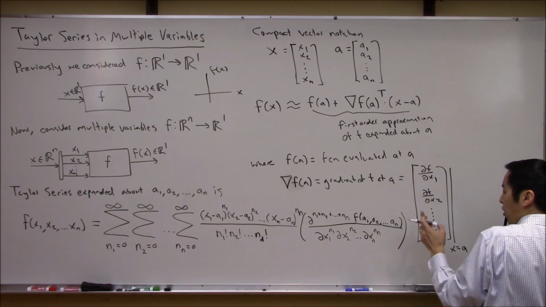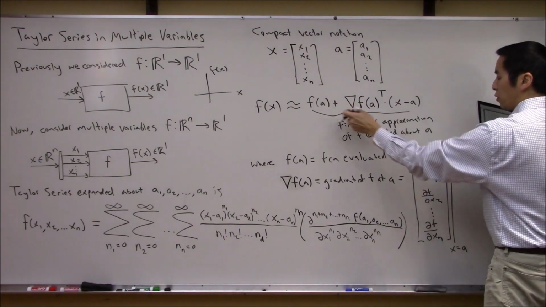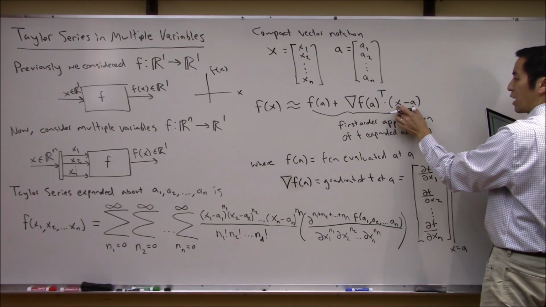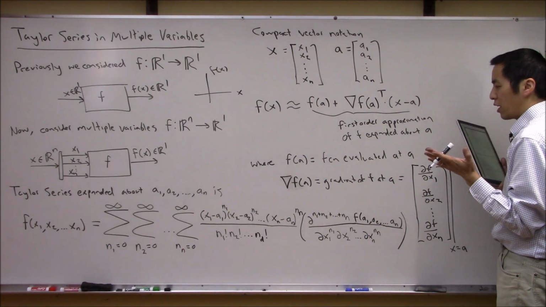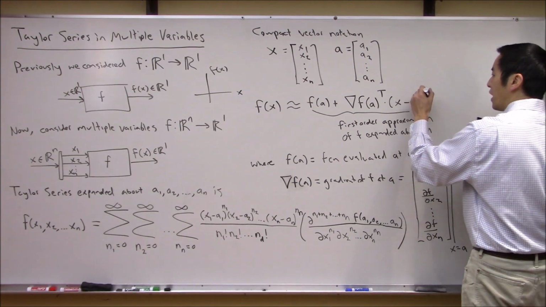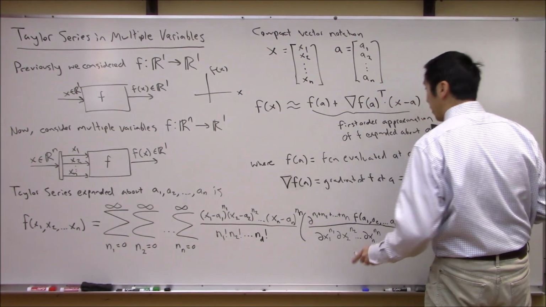Again, the gradient in our nomenclature was a vertical vector, so I need to transpose it to make a horizontal vector so I can dot product it with this, which is your delta of how far away you are from the expansion point a, except now it's in multi-dimensional space. This is really handy, so let me box it in a different color so we can see it easily.